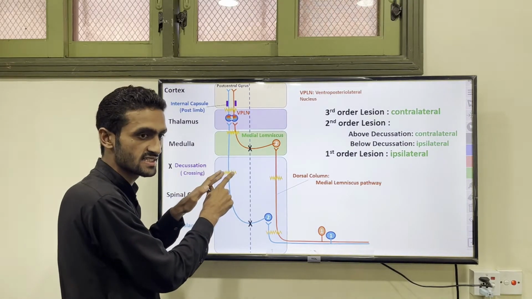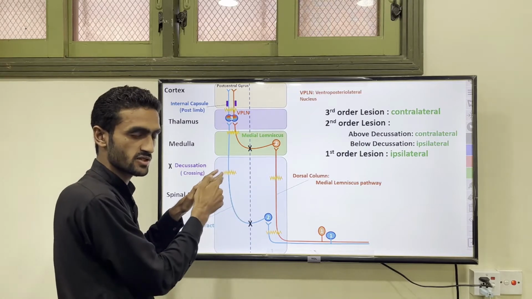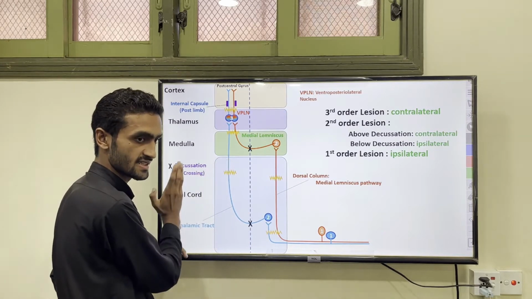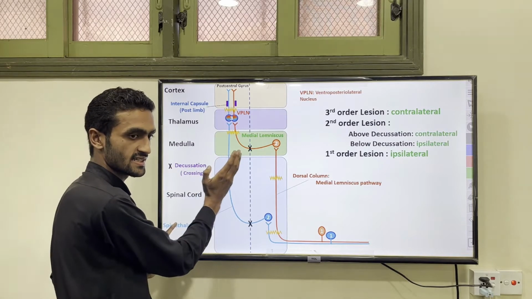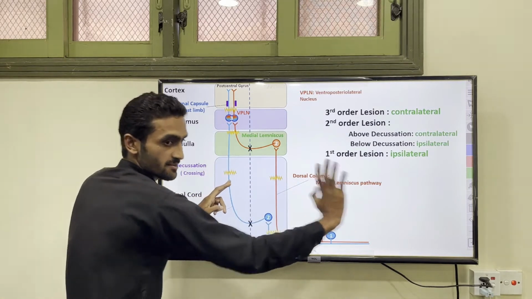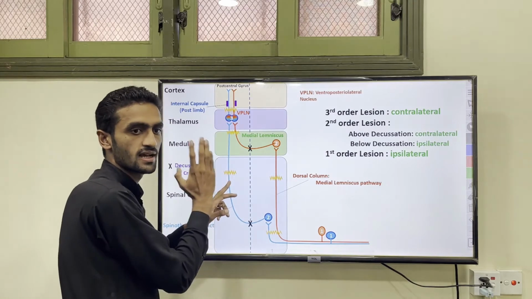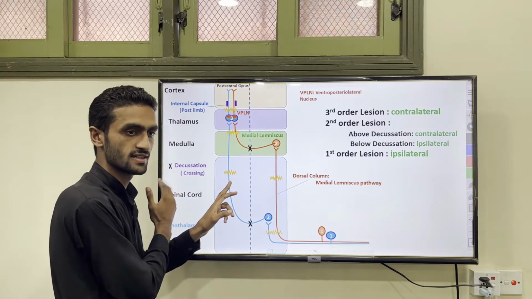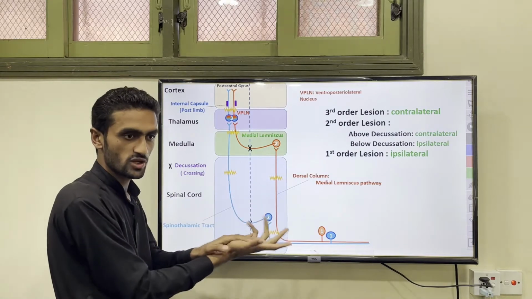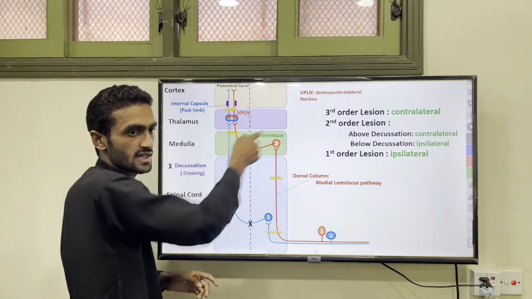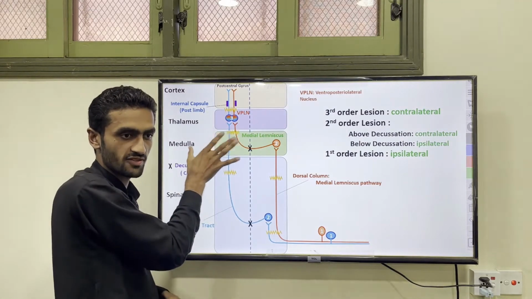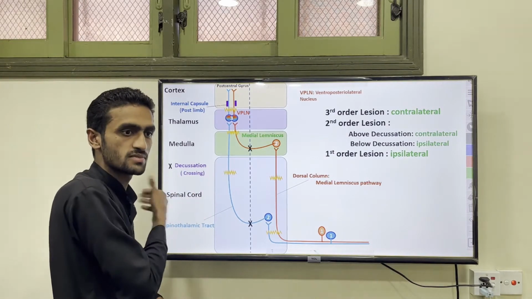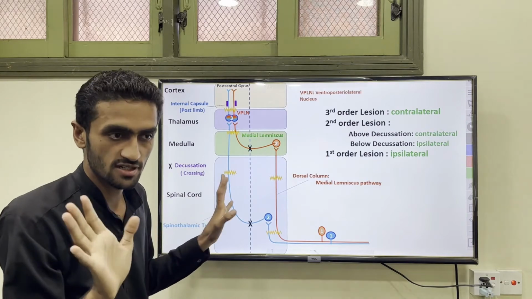So the pain and temperature loss is on one side, and the proprioception, vibration and tactile discrimination loss is on the other side. I show one side, but the other will cross here. So with an injury at this level, sensation is lost both contralaterally and ipsilaterally.